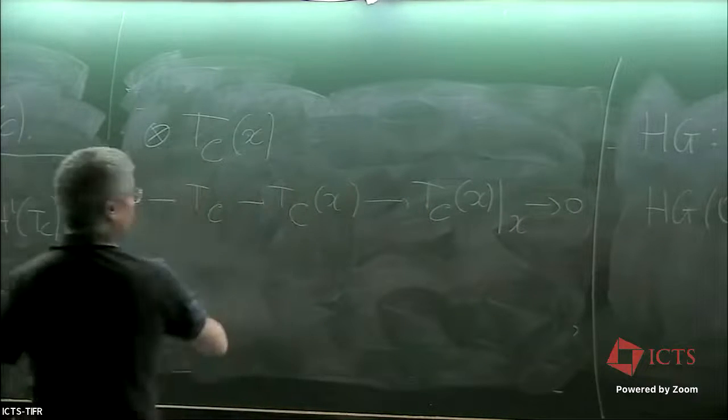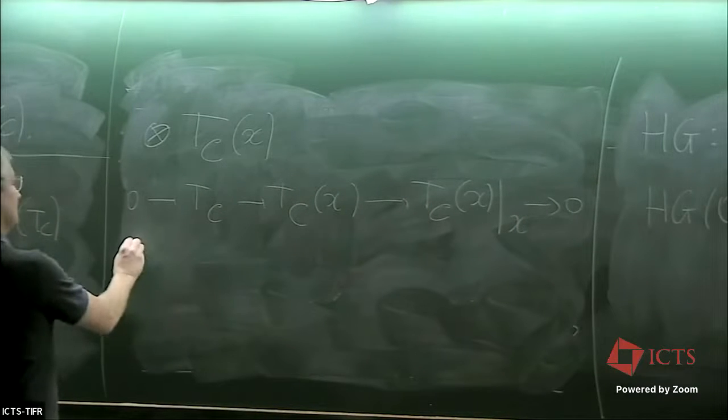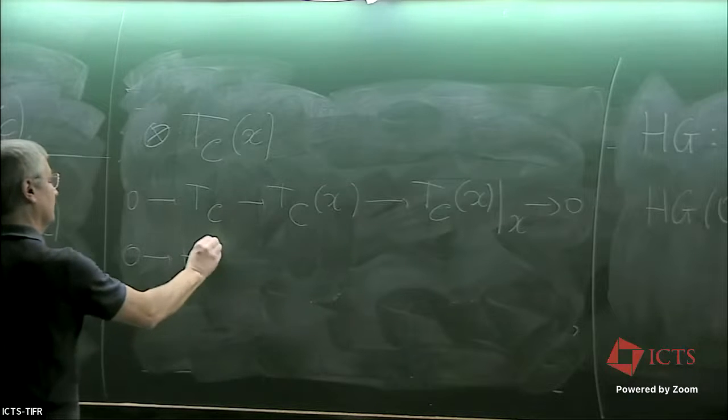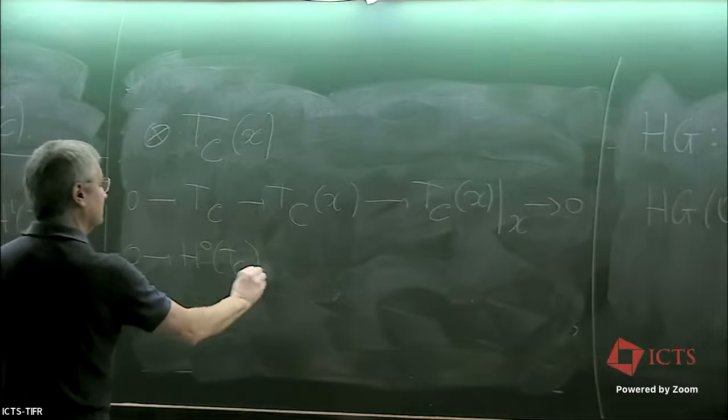Then we take the cohomology. So the first two pieces are 0.